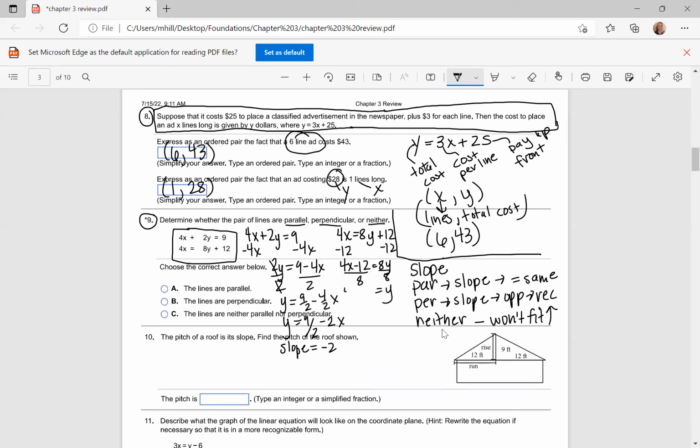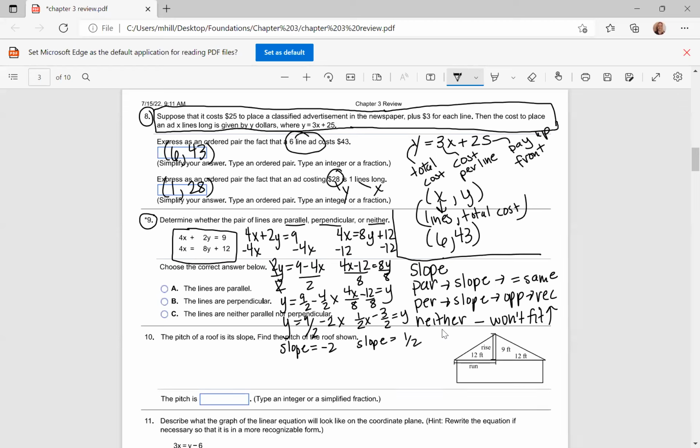And so we split this up and we get 4x over 8 minus 12 over 8. We want to reduce anything. 4 eighths, if you type in 4 eighths in your calculator and you hit enter, you're going to get 1/2 x. And then minus 12 divided by 8 is going to end up being 3 over 2. So then on this one, the slope is the number in front of the x, which is 1/2.